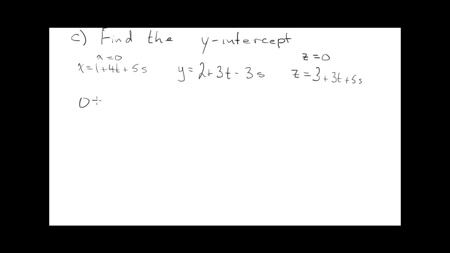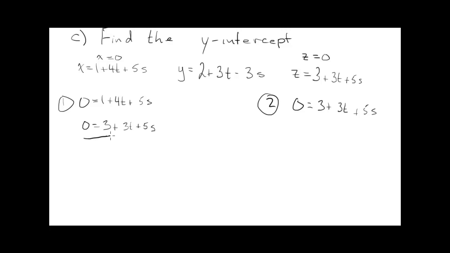So what we're going to have to do is set them both equal to 0. So now we have a system of 2 equations. So I'll just rewrite 2 underneath this one. And we just need to solve the system.